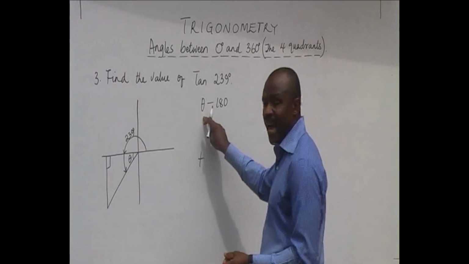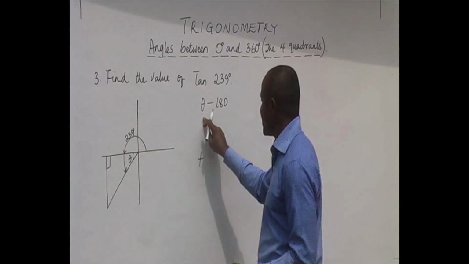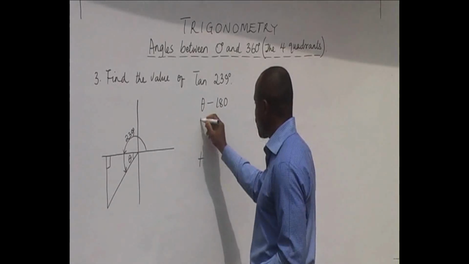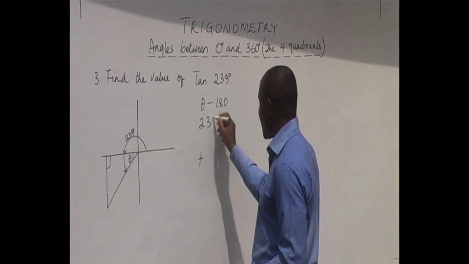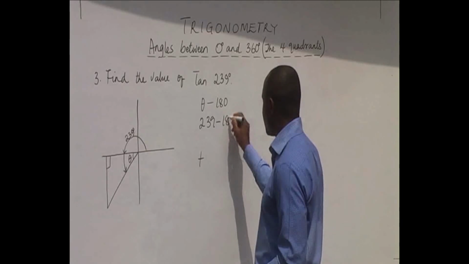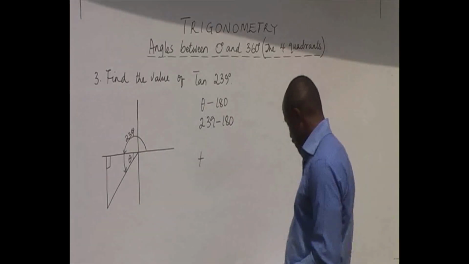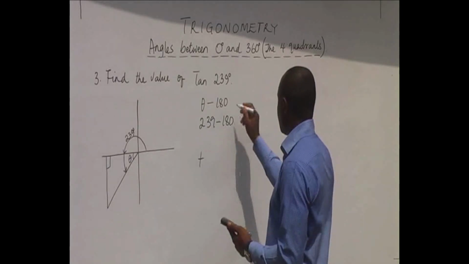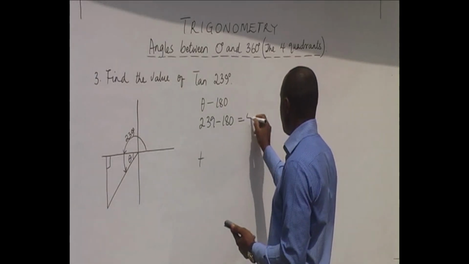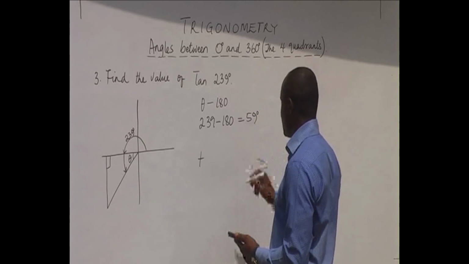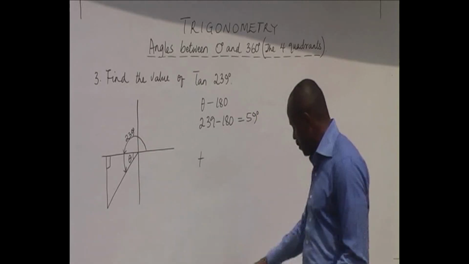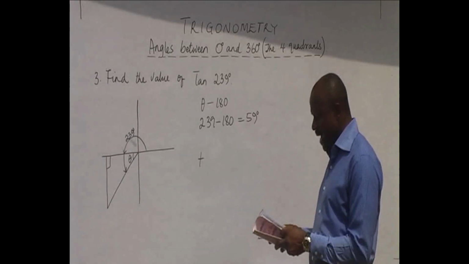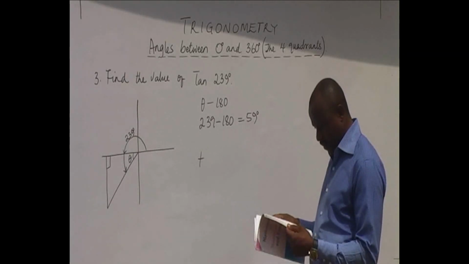Now let's apply the law of the third quadrant. Theta minus 180. So we're going to have 239 minus 180. Use a calculator. 59. So this is giving us 59 degrees. Now go to your four-figure table. Open to tangents of angles.